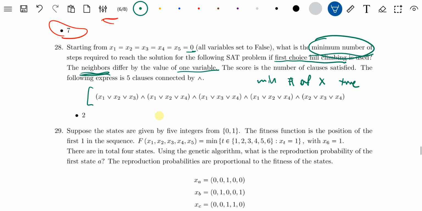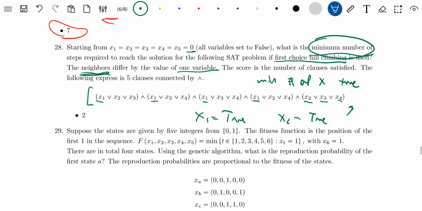So one trick is to look at how many times each x appeared. So x1 appeared 4 times. So probably when x1 is true, then 4 of them will be satisfied because none of them has a not in front. So remember, there might be a not in front, then you should not count that. And then you can just do any one of 2, 3, and 4, then say x2 is true, then the whole thing will be true.